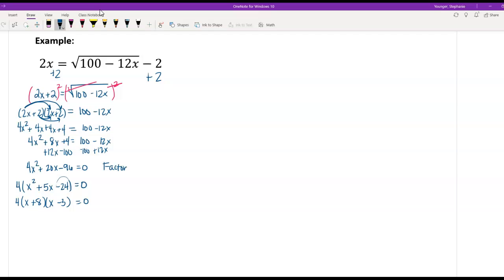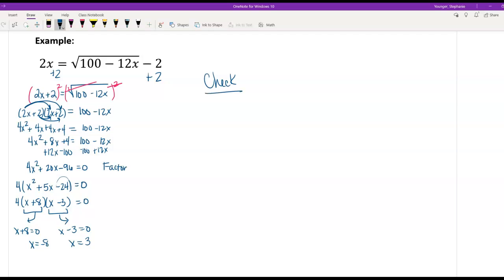All right, now I'm going to set each of these factors equal to 0. So x plus 8 equals 0, x minus 3 equals 0. So I have x equals negative 8 and x equals positive 3. So I have 2 solutions. Wrong. Do I know for a fact I have 2 solutions? I don't. So we need to check.